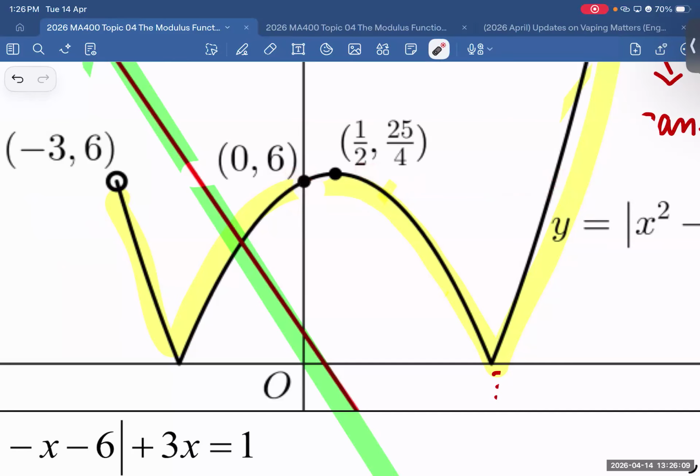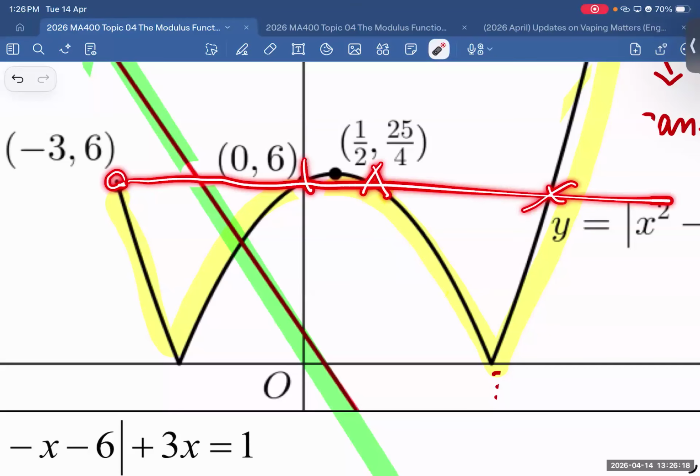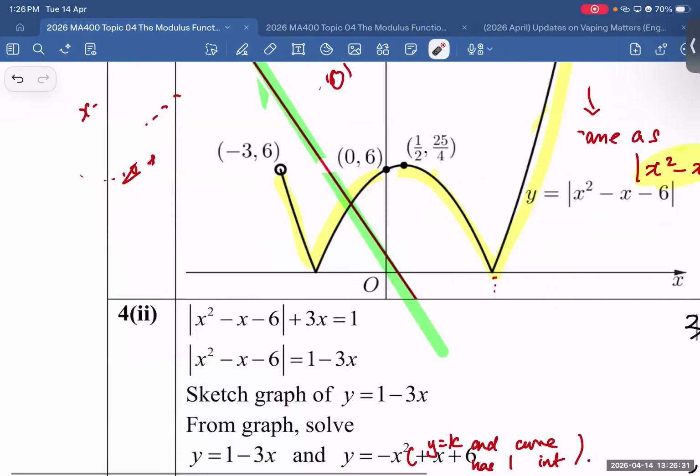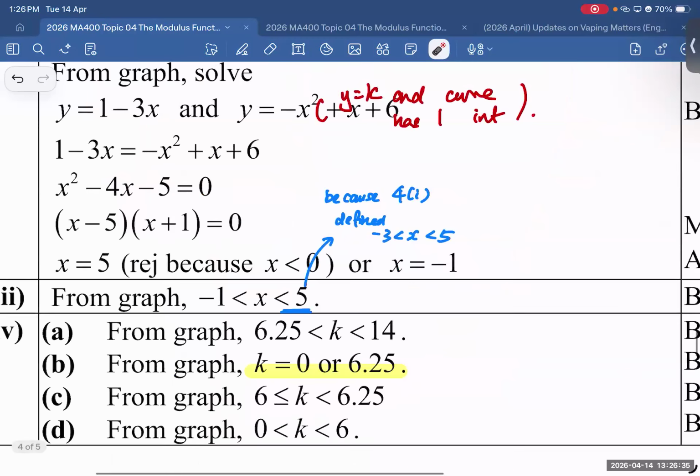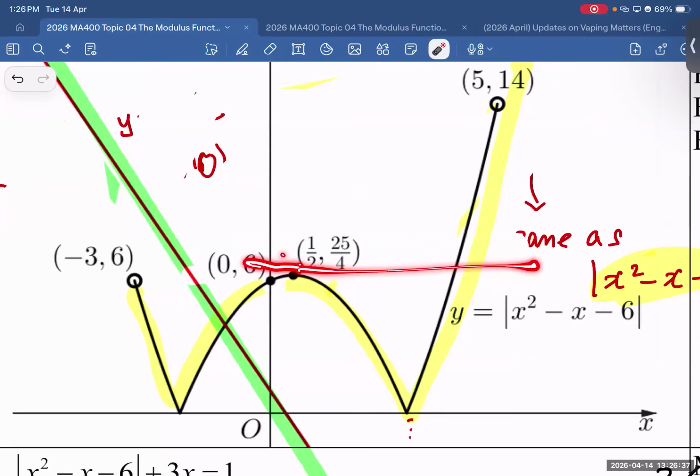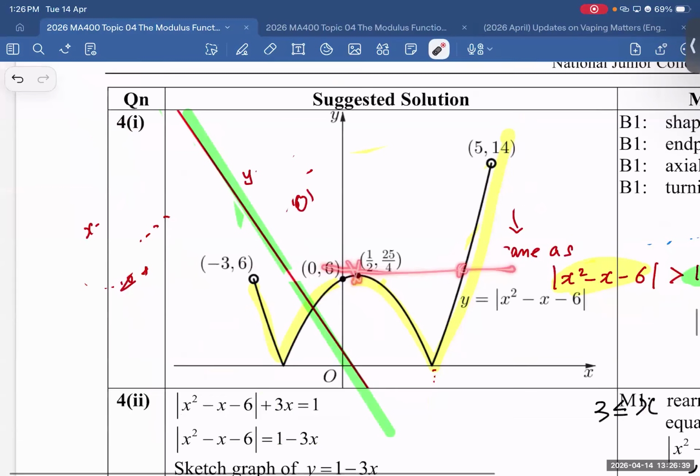At 6, you see it's an empty circle. So that's why I never cut. That's why at 6 it's only 3. Pay attention, please. Now 6.25, you can see it's also up to 6.25. 1, 2. Okay, let me go on.